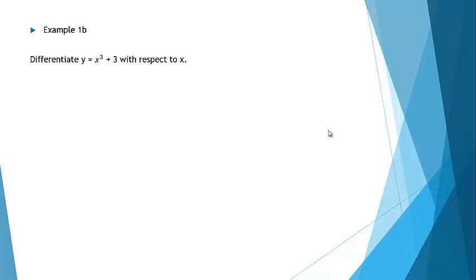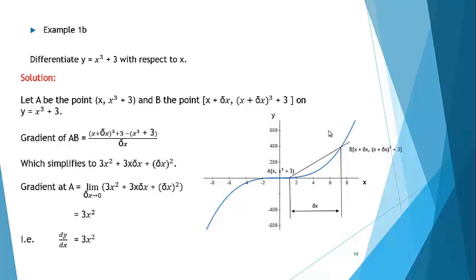Example 1b. Differentiate y = x³ + 3 with respect to x. So the solution is: let A be the point (x, x³ + 3) and B be the point (x + Δx, (x + Δx)³ + 3) on y = x³ + 3.